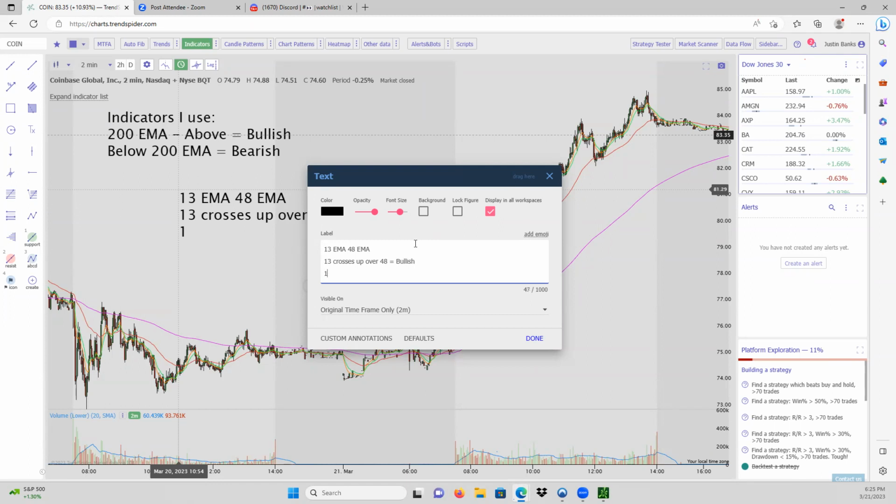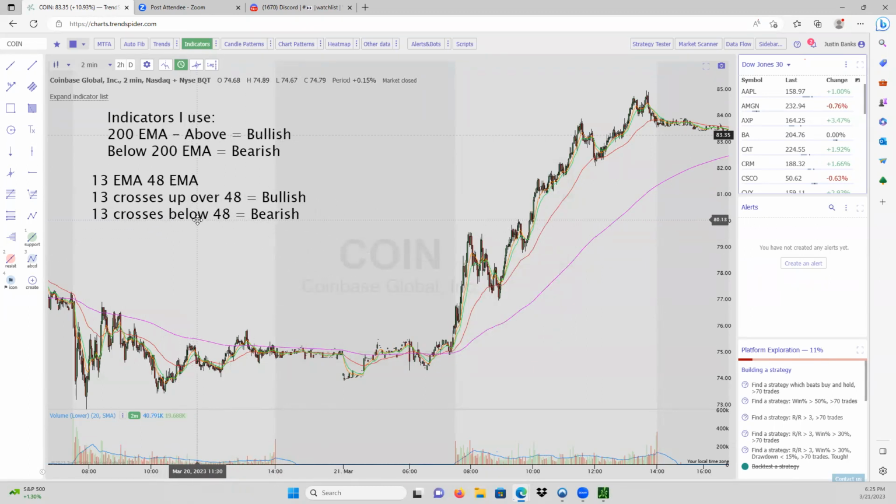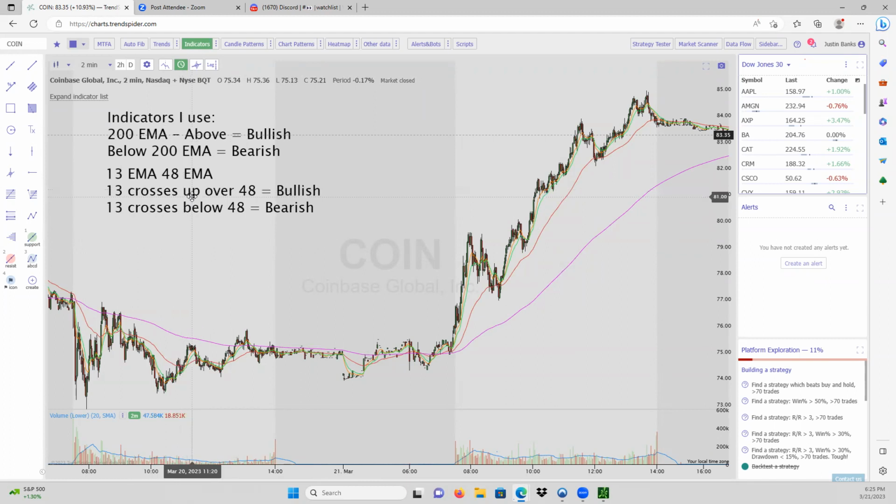If the 13 crosses below the 48, that's going to equal bearish, right? And I'll go more in depth. I'm just trying to type this out so you guys can see it on the screen while I talk about it. So I'll just go over it again.